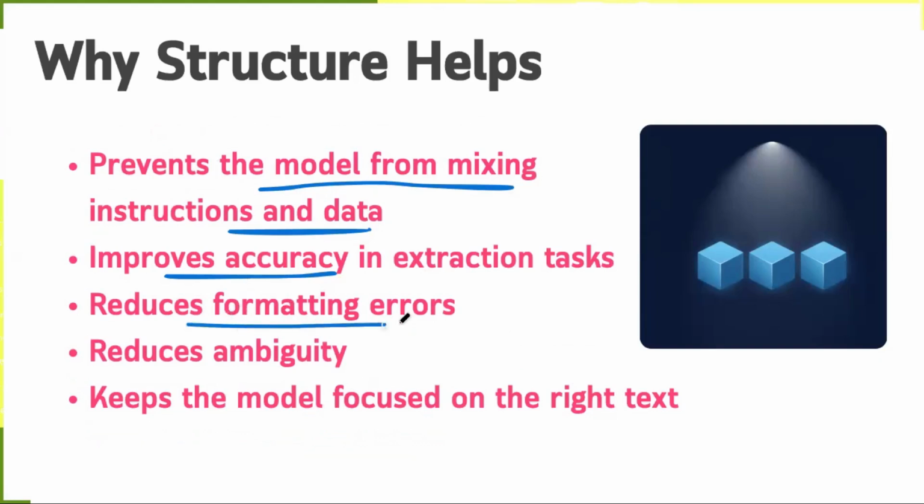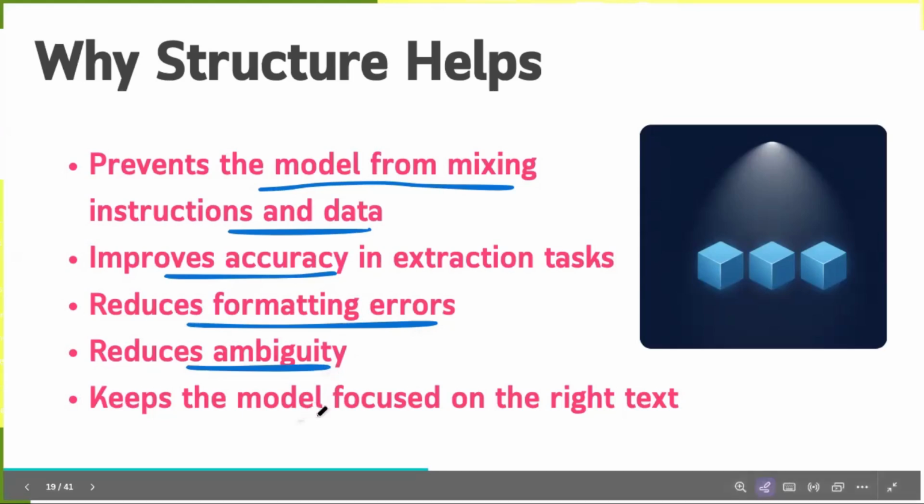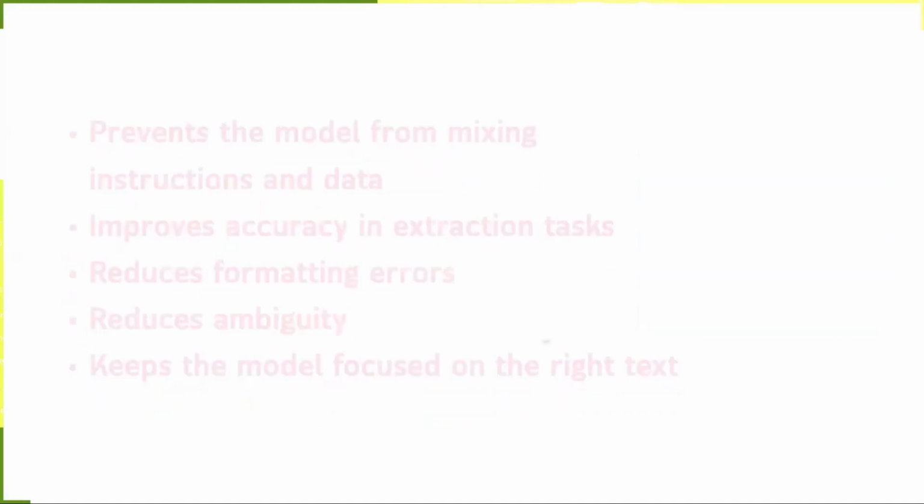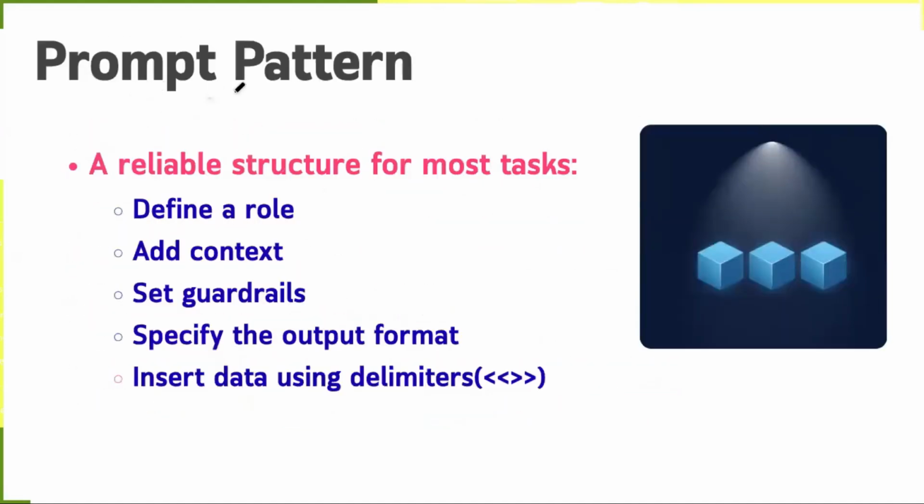It also reduces formatting errors, making it easier for the model to keep lists, tables, or code in the correct format. By reducing ambiguity, structure helps the model understand your intent and limits mistakes. Clear separation of instructions and data keeps the model focused on the right text, resulting in more reliable and useful outputs.